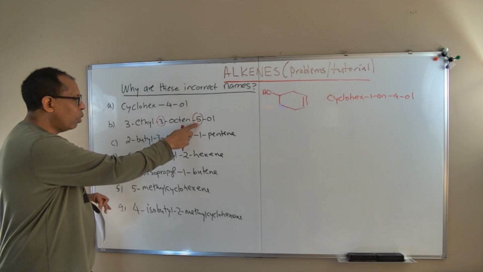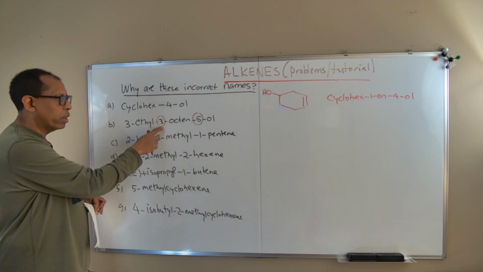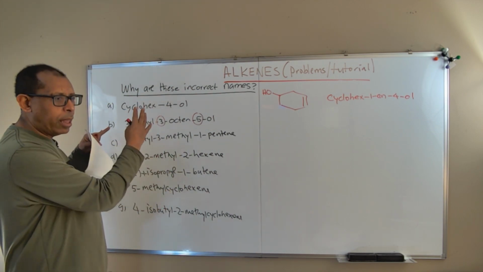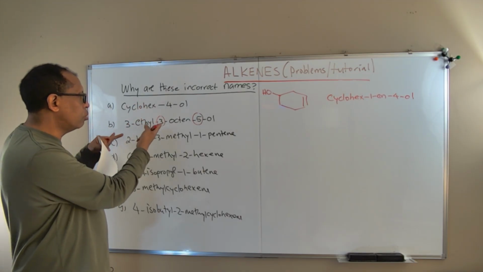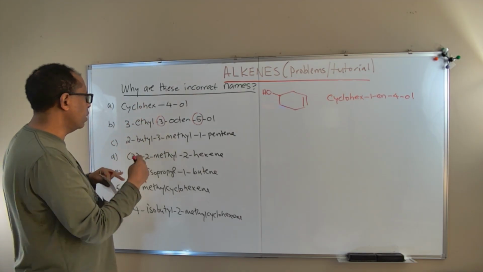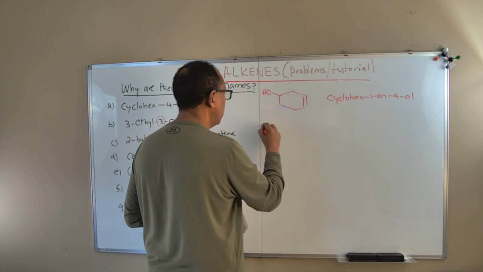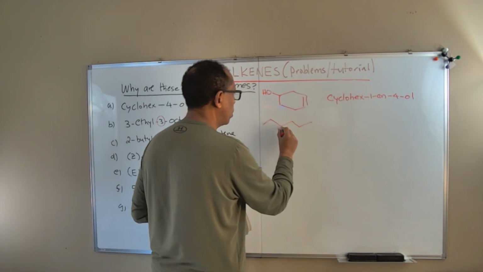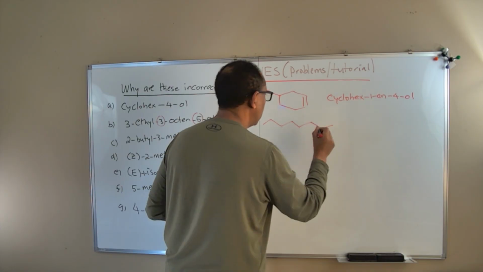That means the alcohol should have a lower number than where the double bond is. Let me first draw the structure given here. It is an octane, so 8 carbons: 1, 2, 3, 4, 5, 6, 7, 8.